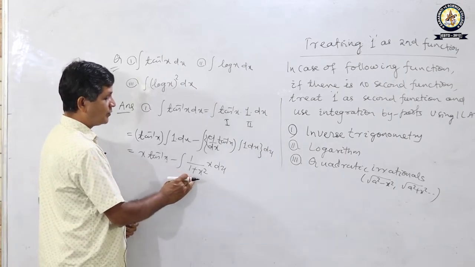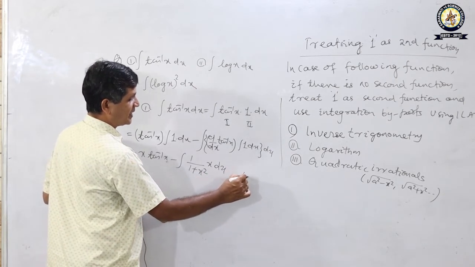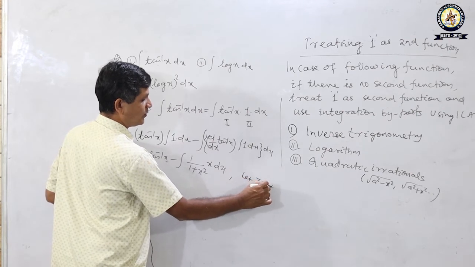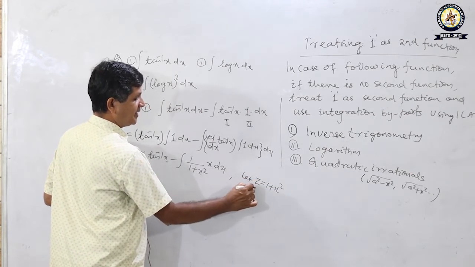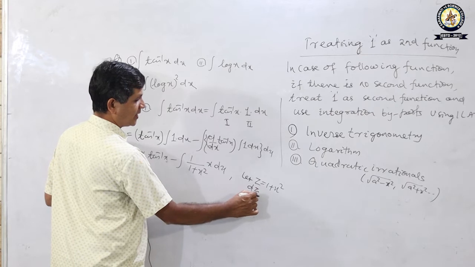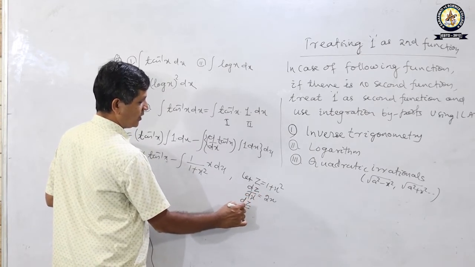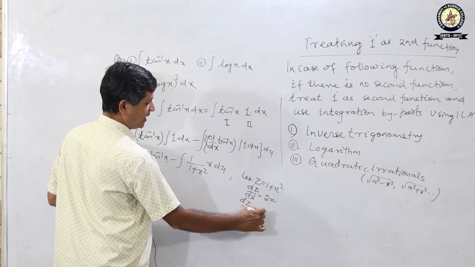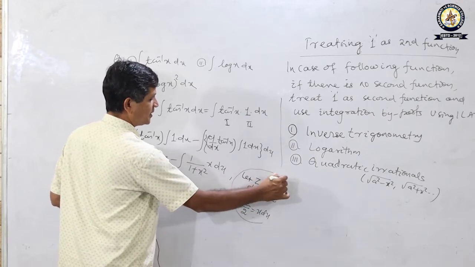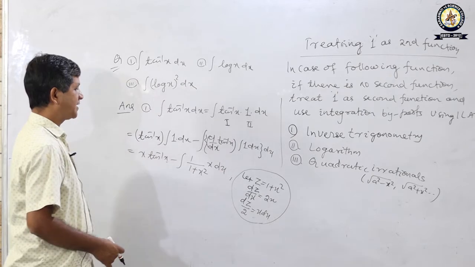Look at, if you take 1 plus x square as z, let z equal 1 plus x square, then dz by dx is what? dz by dx is 2x. So dz by 2 is equal to x dx.